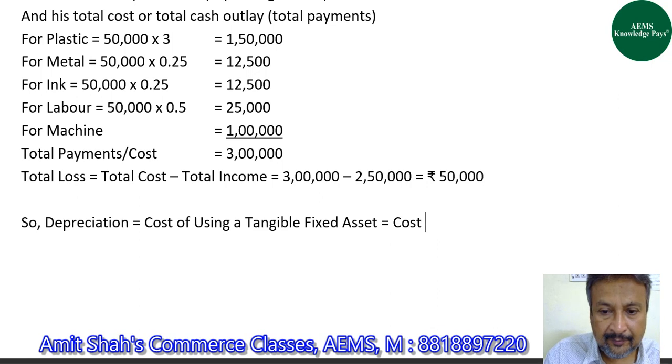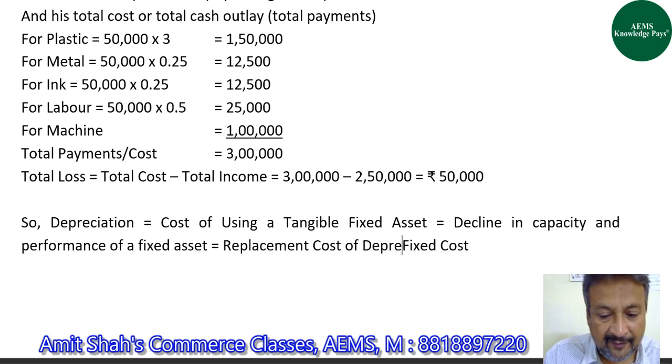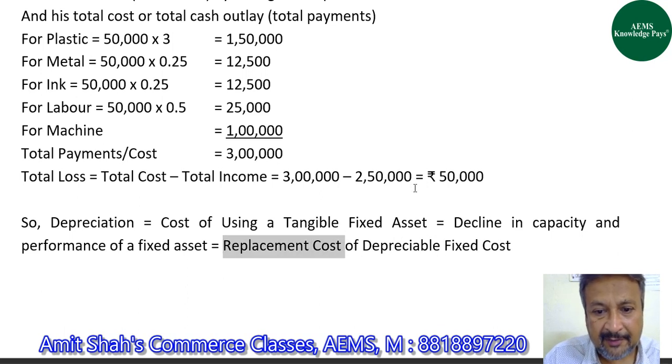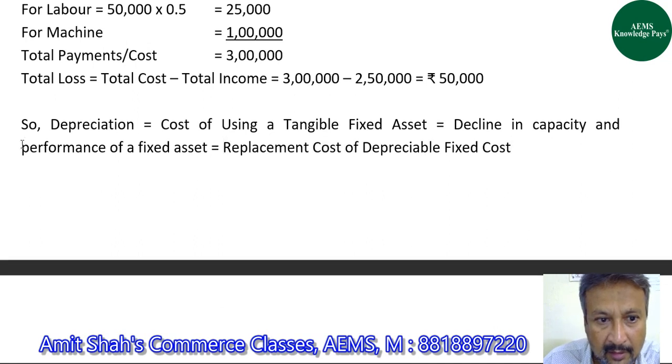It is equal to reduction in or decline in capacity or performance of a fixed asset, which is equal to replacement cost of the depreciable fixed asset. Now, what is replacement cost, guys? I will explain you a little later, not now, right?